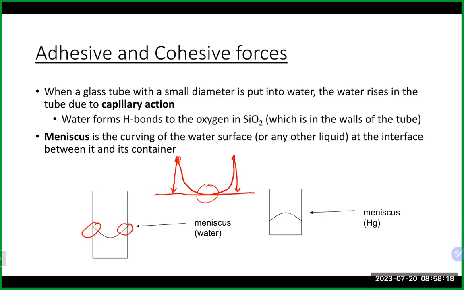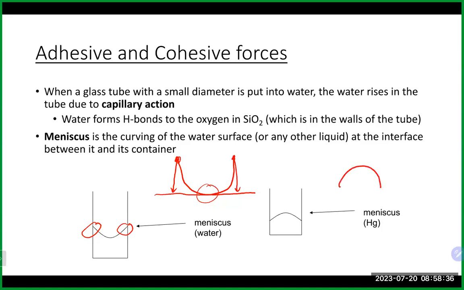But if you took something like mercury, which we might have talked about as well, mercury actually goes the opposite way. And that's because the attraction between mercury and itself is greater than the attraction between mercury and the glass tube. Mercury kind of comes in on itself, and we get this opposite meniscus.